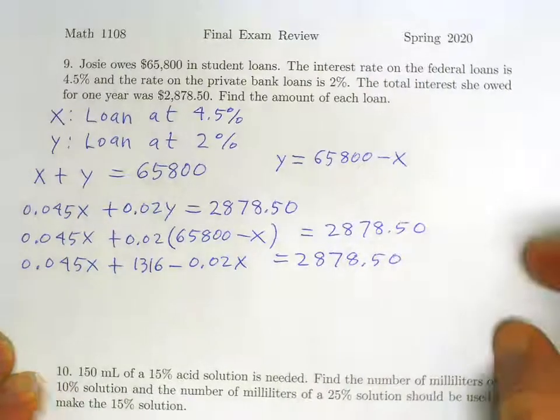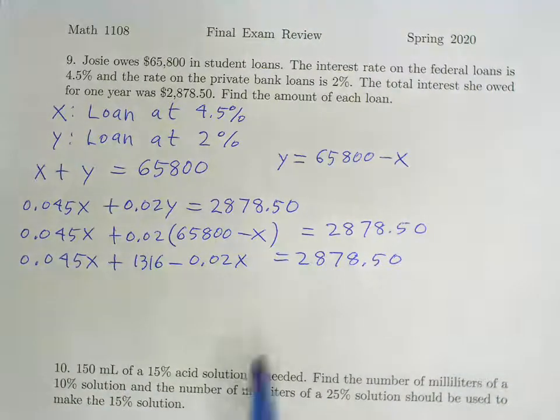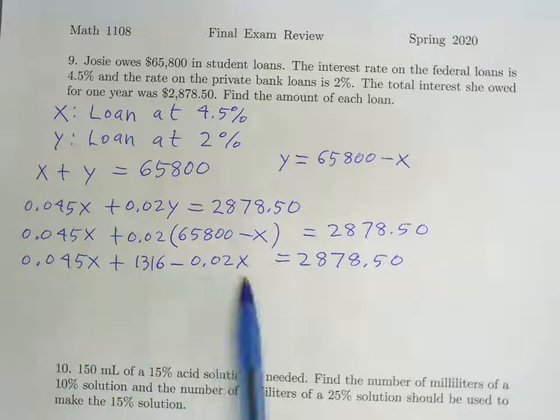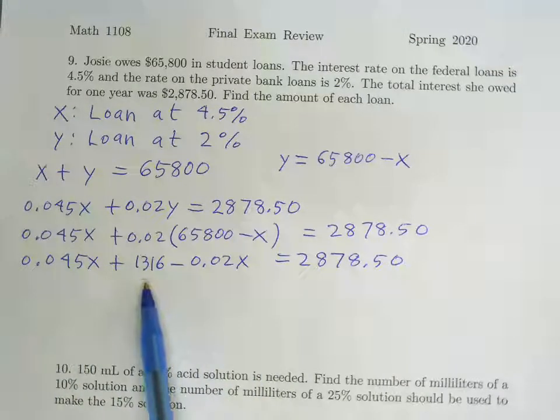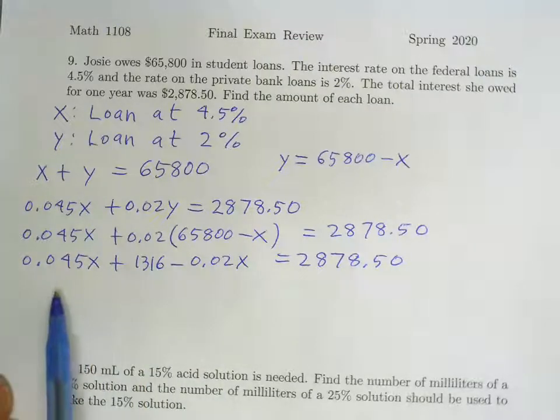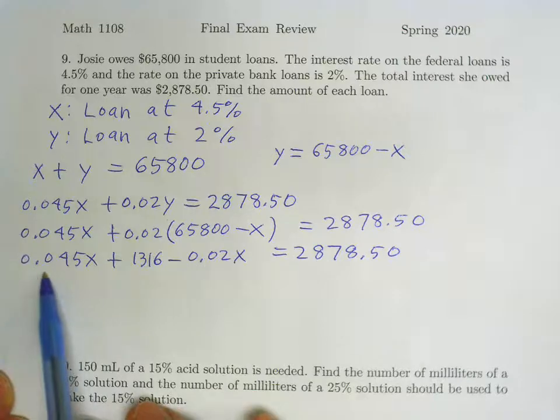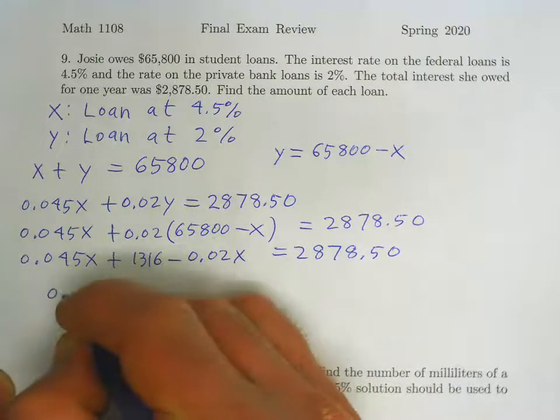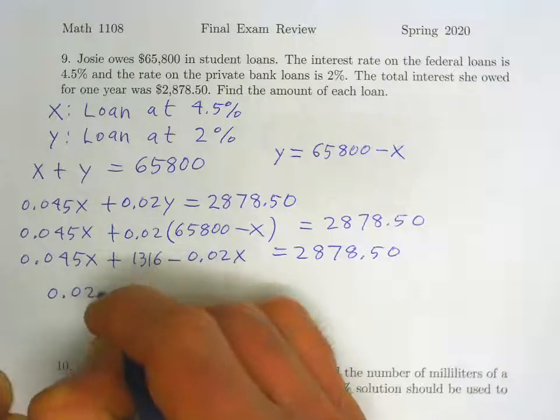$2,878.50. In the next step, we'll combine the like terms on the left-hand side, and I'll also subtract 1,316 from both sides. So 0.045X minus 0.02X, that's positive 0.025X.